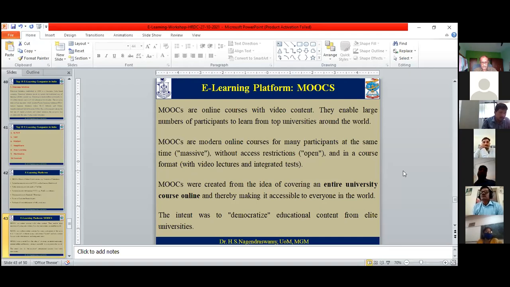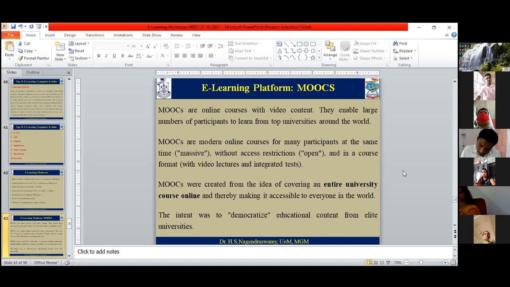If you look at our SWAYAM platform, particularly with our university, there is a coordinator for the SWAYAM platform, and I think almost 48, I believe, maybe more than that, courses are offered online. Any student studying in any undergraduate or postgraduate program can opt for that particular course online, earn credits, and make use of those credits for his regular program, right? So that's how MOOC supports such a facility to all our students.